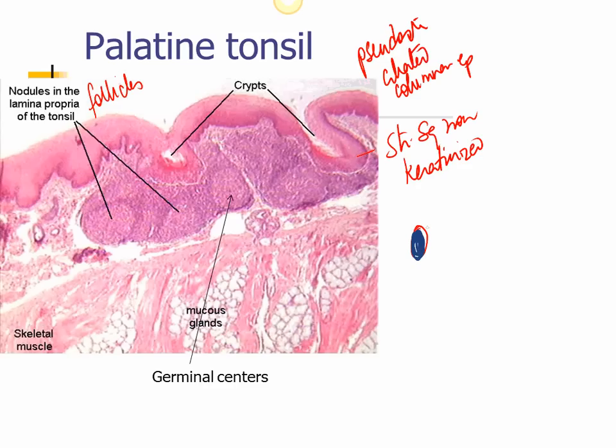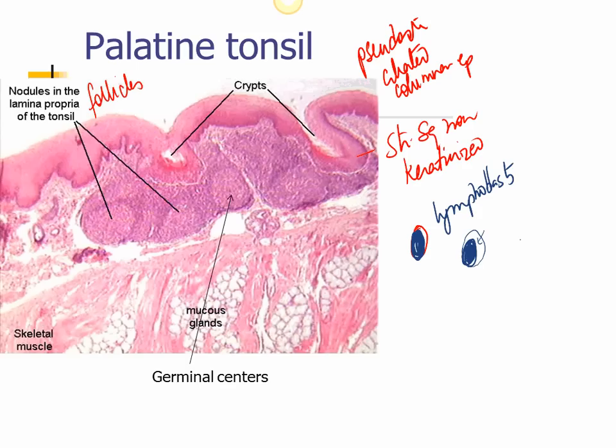And this is the cytoplasm. In the germinal center, you have cells which are known as lymphoblasts. These have a nucleus, but they also have a lot more cytoplasm. So the cytoplasm is pale blue in color. Because of the presence of more cytoplasm, that area looks lighter stained compared to the periphery.